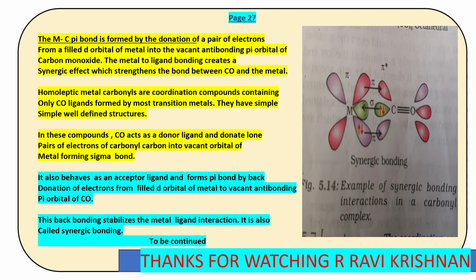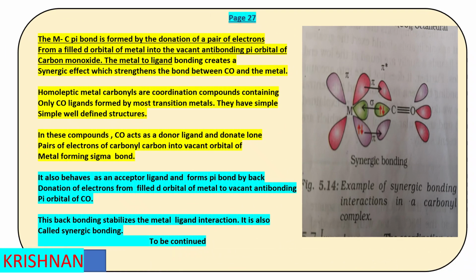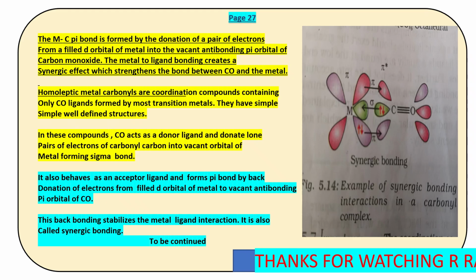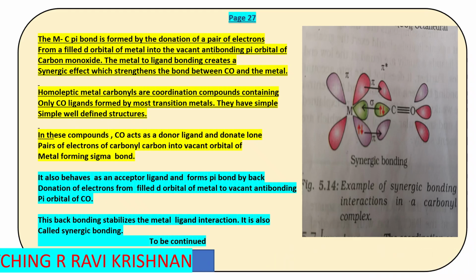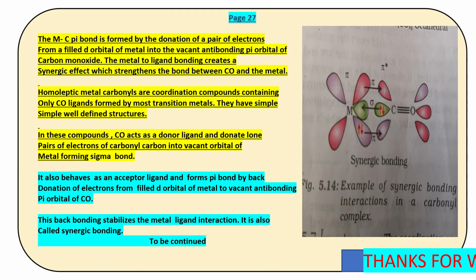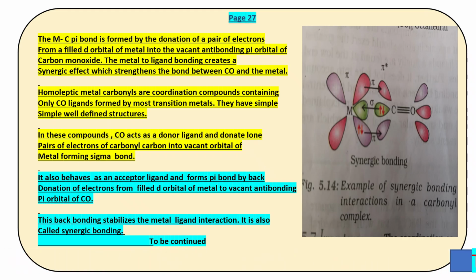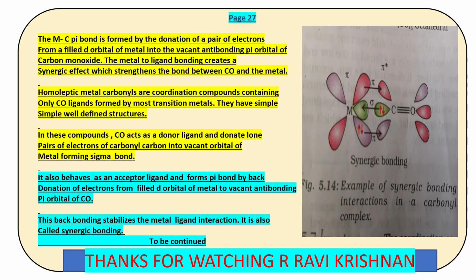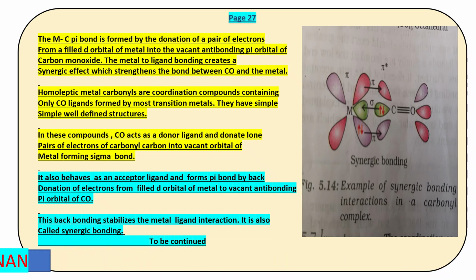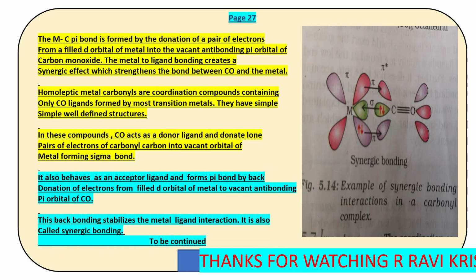The metal-carbon pi bond is formed by the donation of a pair of electrons from a filled d orbital of the metal into a vacant antibonding pi orbital of carbon monoxide. The metal-to-ligand bonding creates a synergic effect which strengthens the bond between CO and the metal.